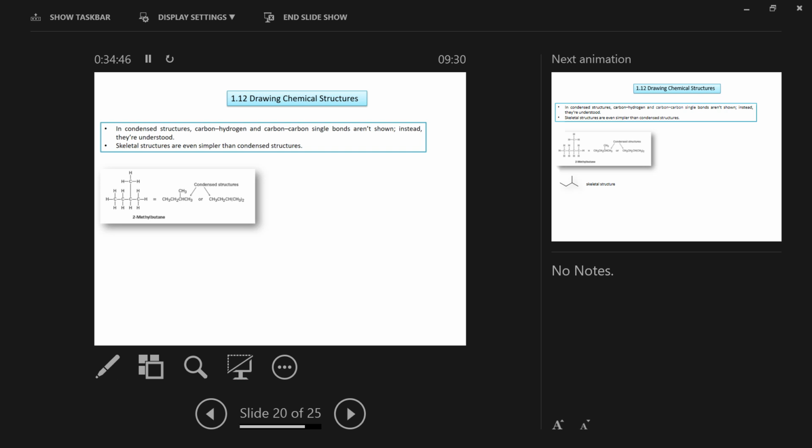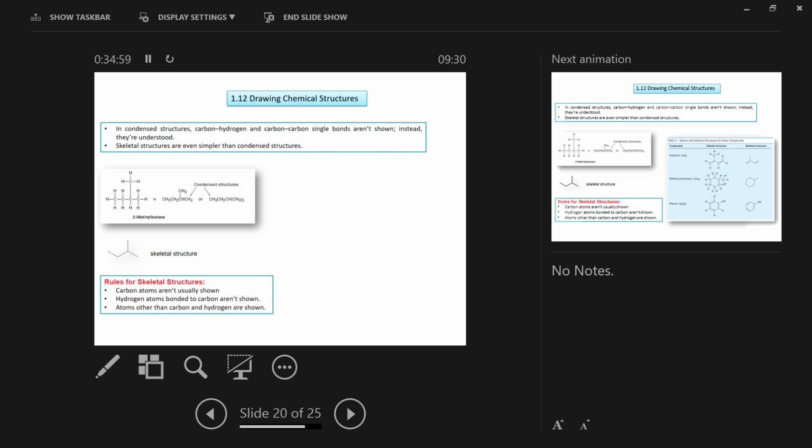How do we draw the chemical structures? Well, the chemical structures are drawn using lines. Okay, each vertex of this structure is a carbon, and normally we don't draw the hydrogens.